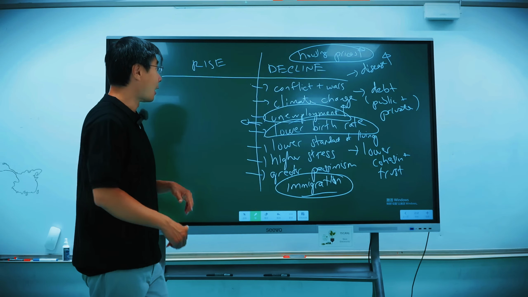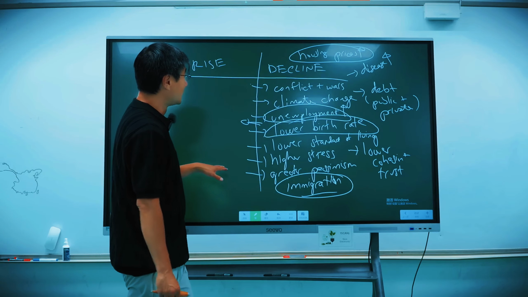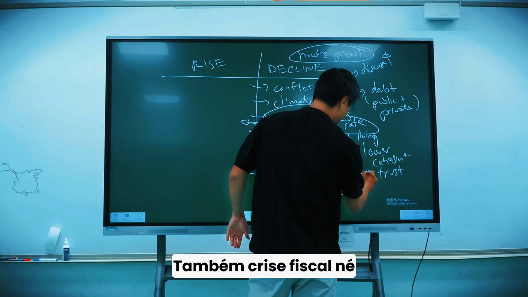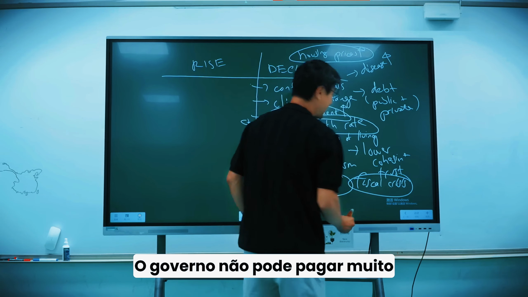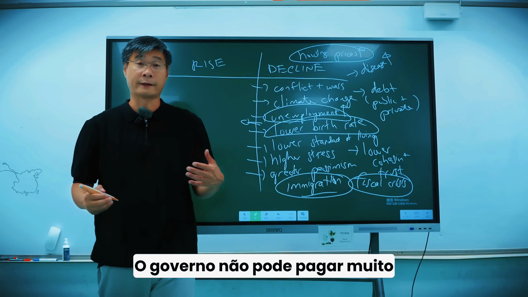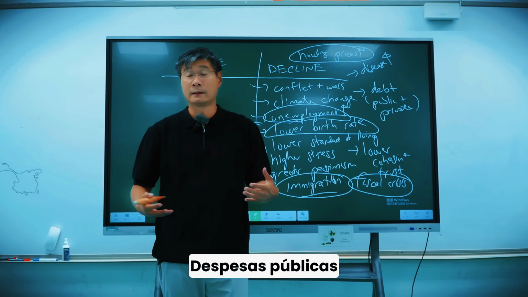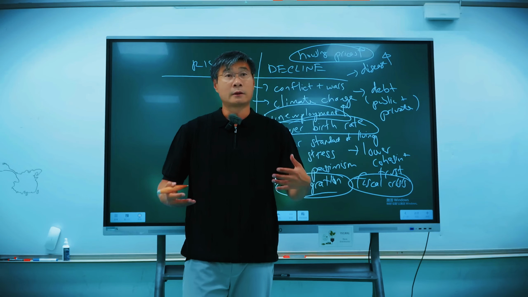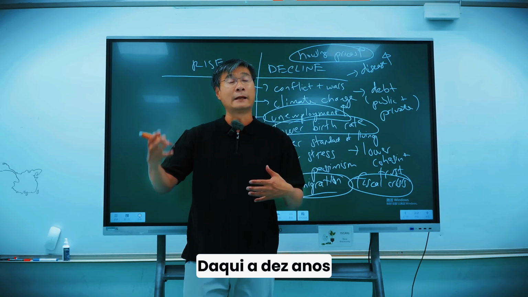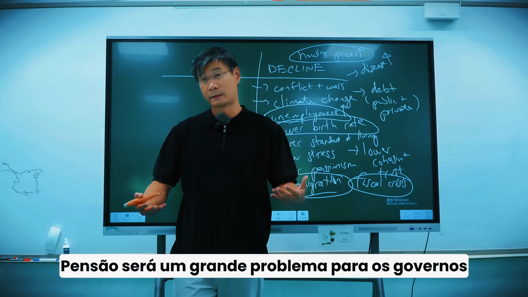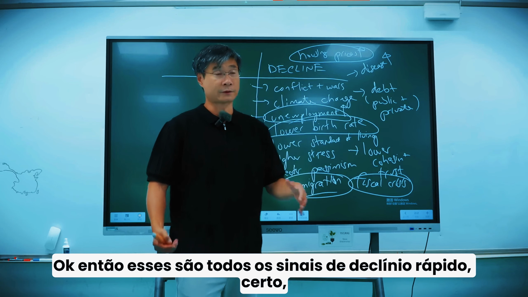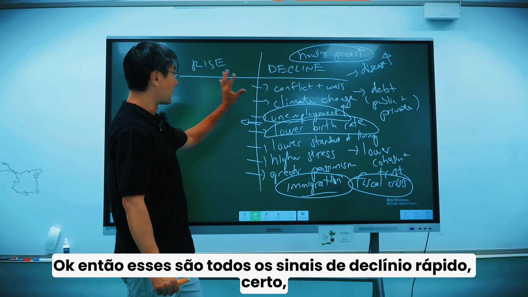Also, fiscal crisis, right? We talked about this, but the idea of fiscal crisis is the government cannot afford a lot of public expenditures. In the future, maybe 5-10 years from now, pension will be a huge problem for governments. Okay? So these are all signs of rapid decline.